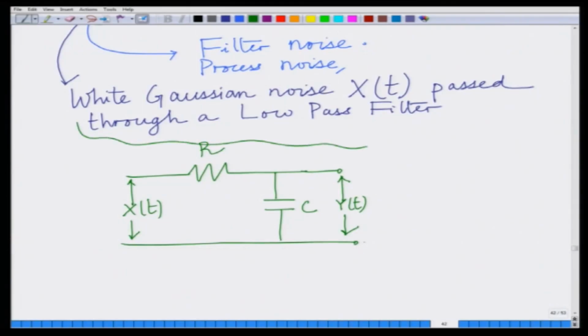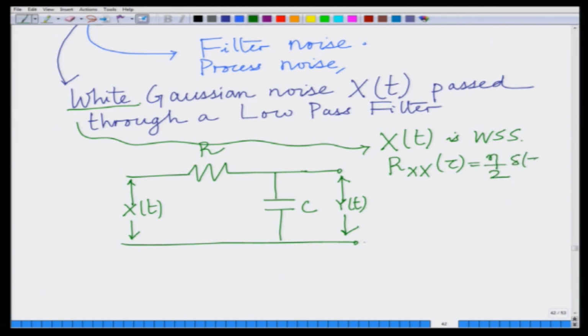We are assuming that this noise process xt is a white Gaussian random process. Therefore, we are also assuming that xt is wide sense stationary. Further, this is white, so we are given that the autocorrelation Rxx of tau is eta by 2 delta tau.